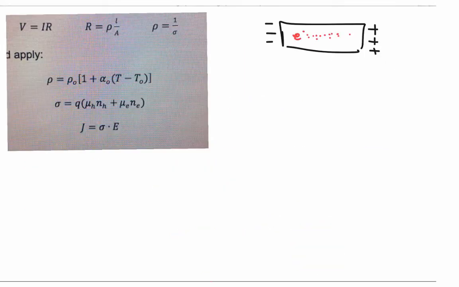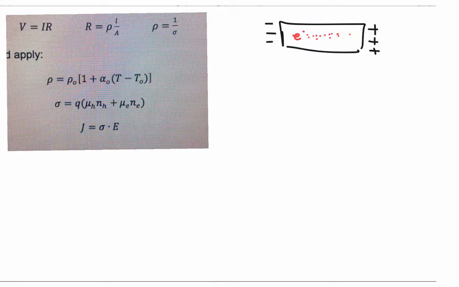Okay, I want to highlight this equation right here that you might recognize as generically describing the conductivity, equal to the charge per carrier times the sum of the mobility of the holes times the concentration of holes plus the mobility of the electrons times the concentration of electrons.